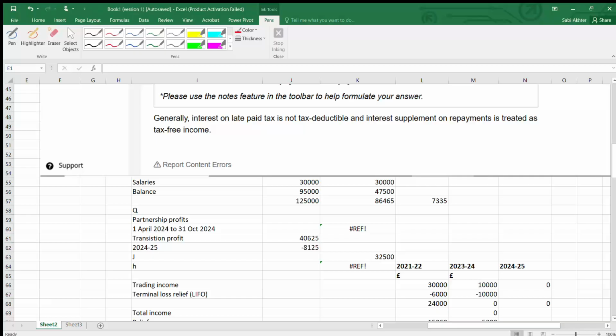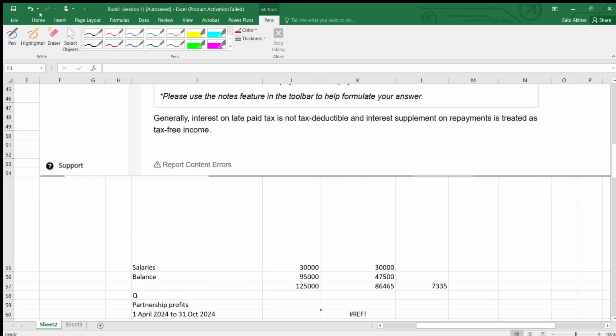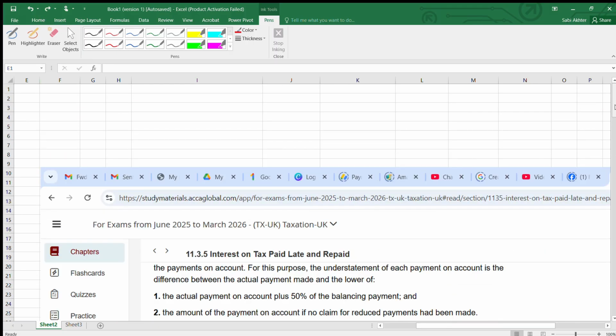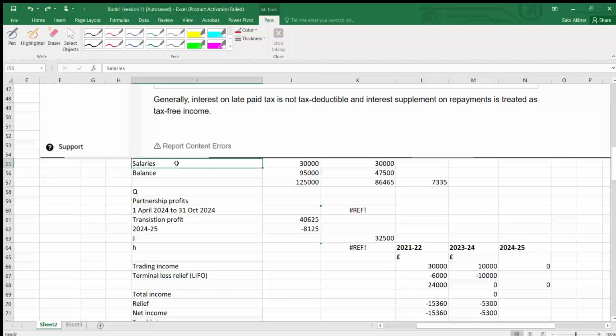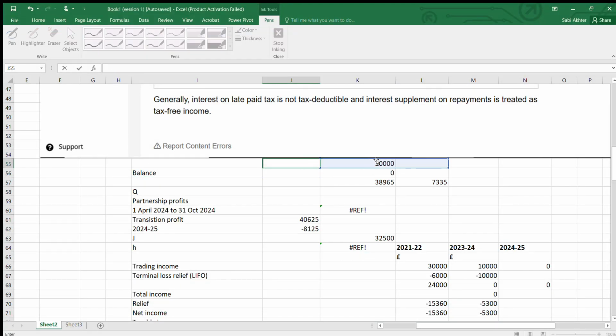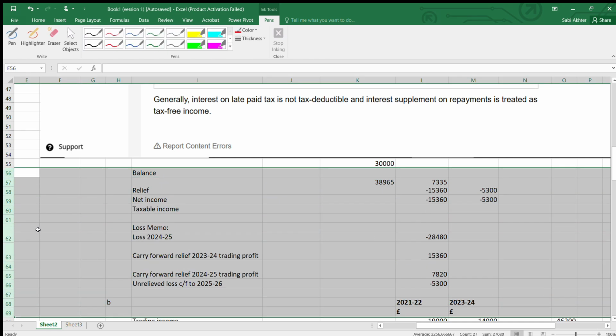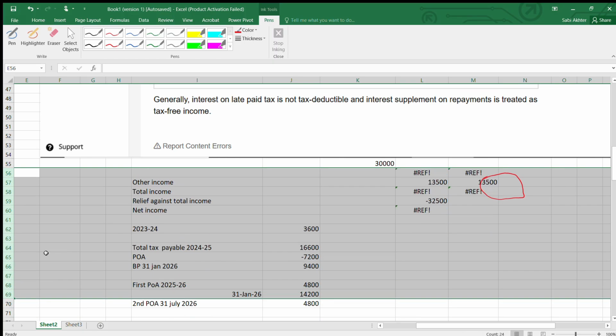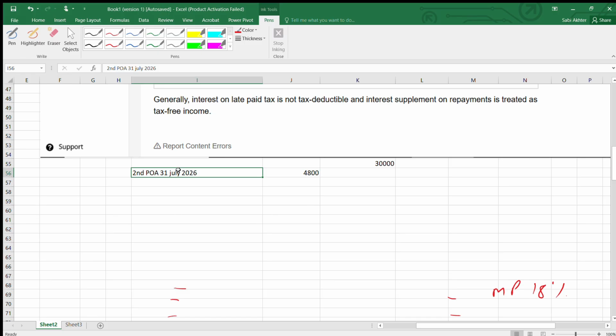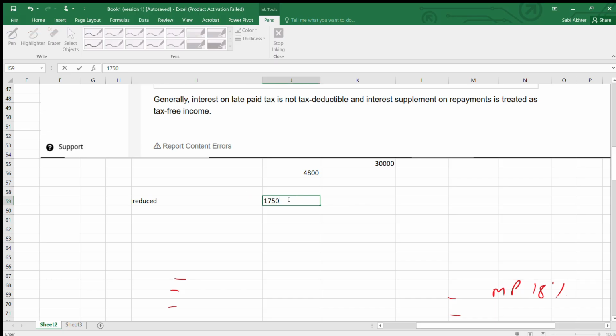So here, reduced. So now, reduced. When your payment is reduced, it is 1,750. Okay, we have to take the lower.